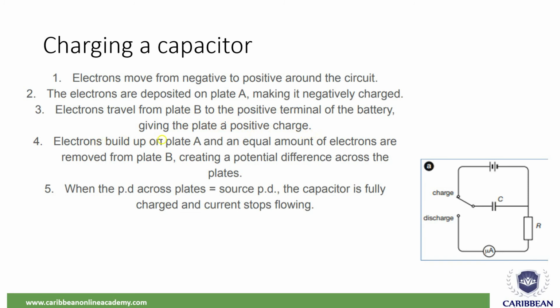It says electrons built up on plate A, and an equal amount of electrons are removed from plate B, creating a potential difference across the plates. Follow me? It says now when the potential difference across the plates equals the potential difference across the source, we say that the capacitor is fully charged.